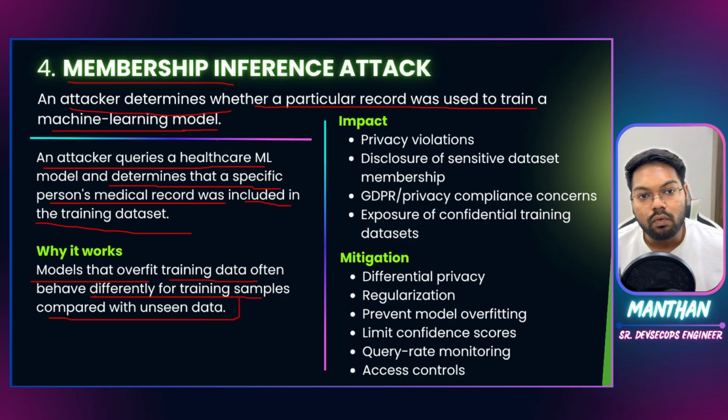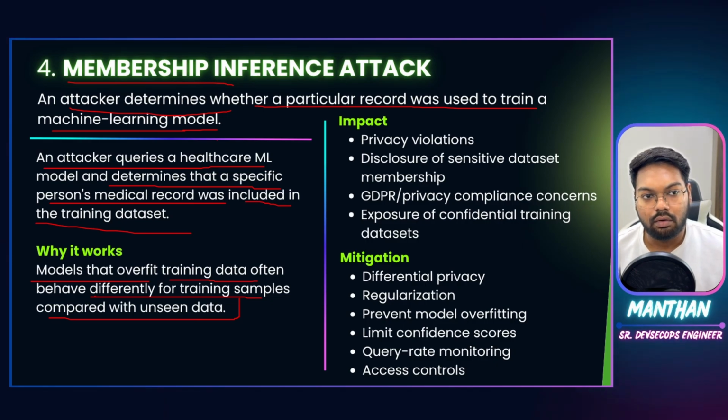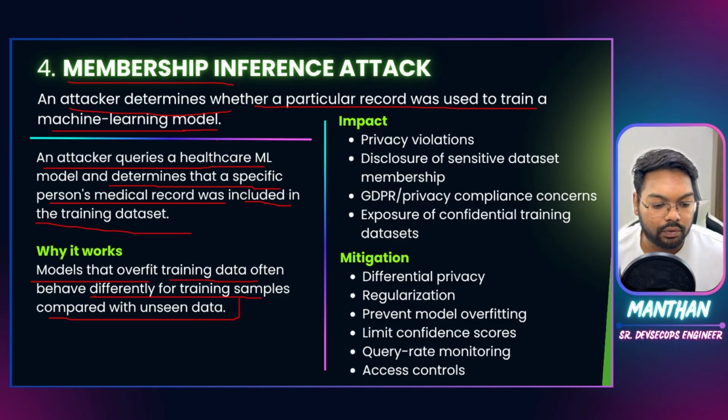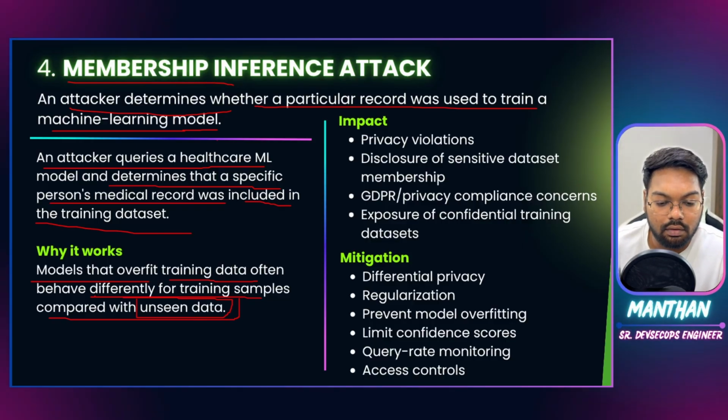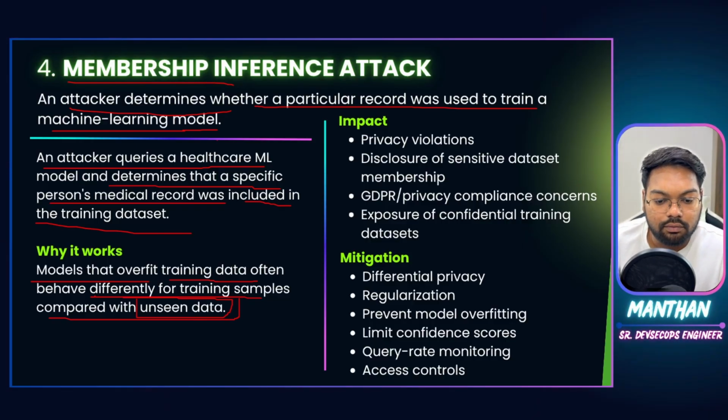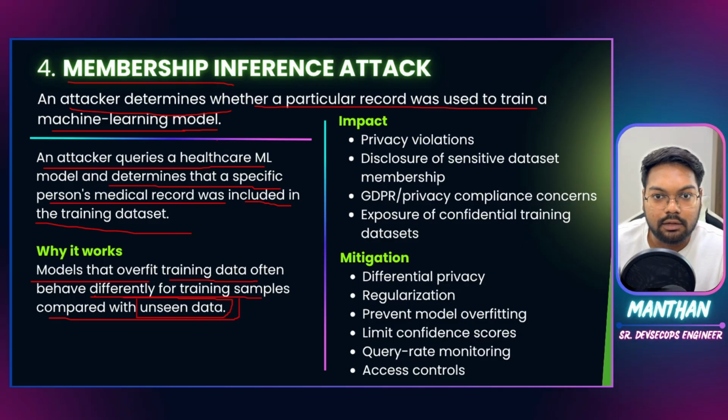So that's why overfit training data in one particular case leads to incorrect behavior when introduced to unseen data. So that's why a membership inference attack is very dangerous for the data set that is being used for training this thing.